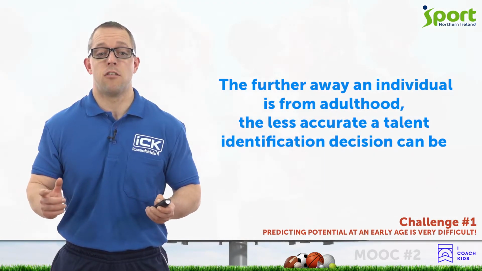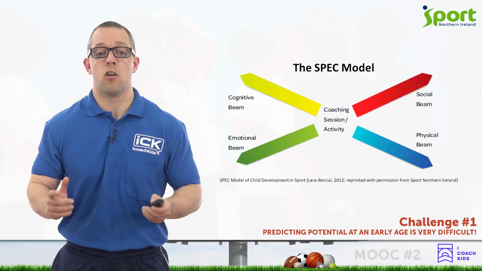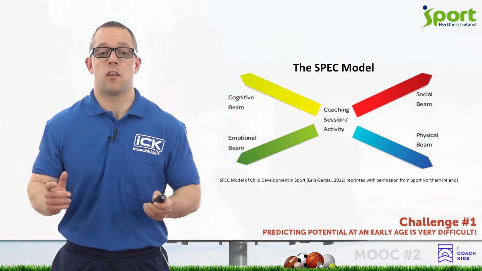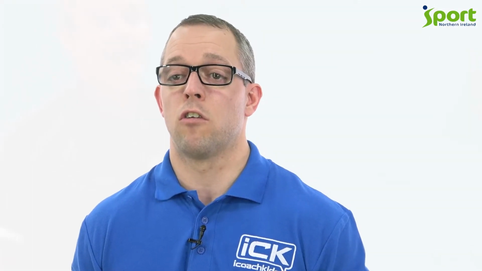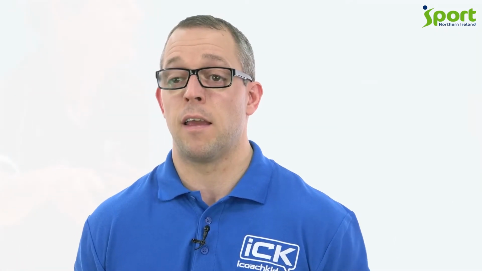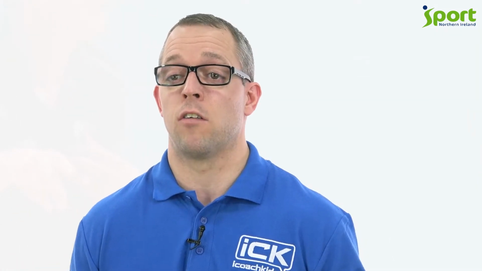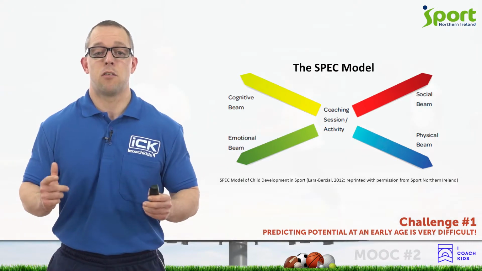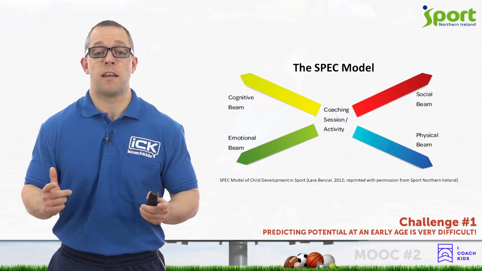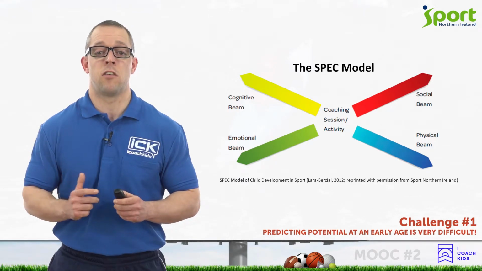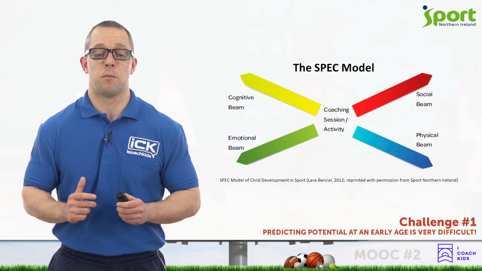Trying to predict potential within childhood is also difficult when we consider a child's growth. As discussed in the previous 4 videos, children grow socially, physically, emotionally and cognitively. As these types of growth all occur at different times, this makes talent identification decisions even more difficult.